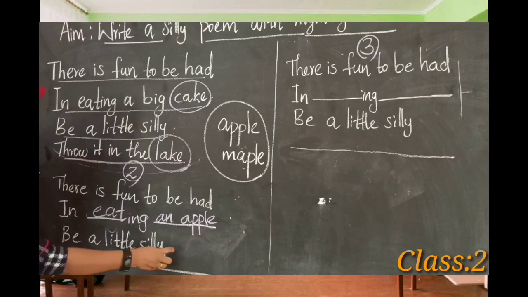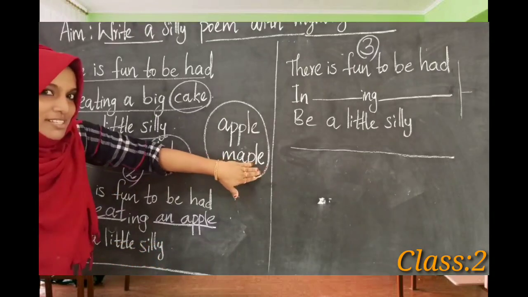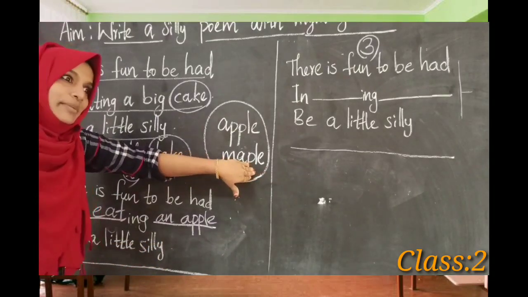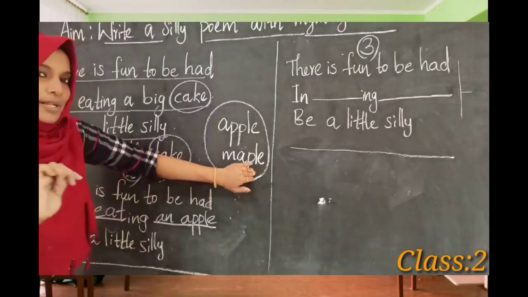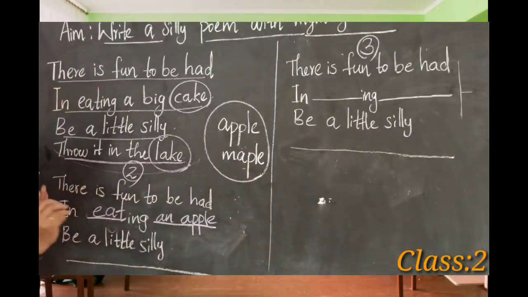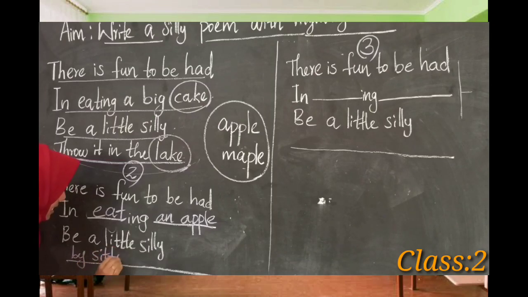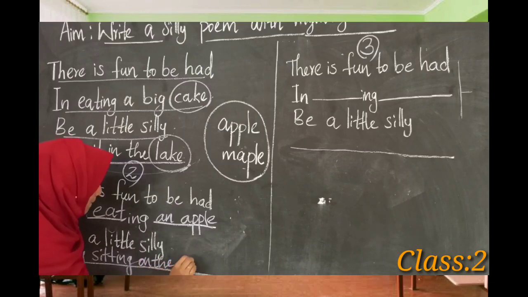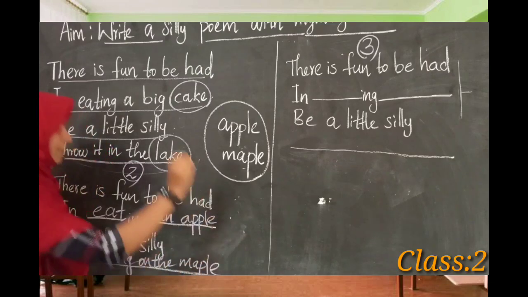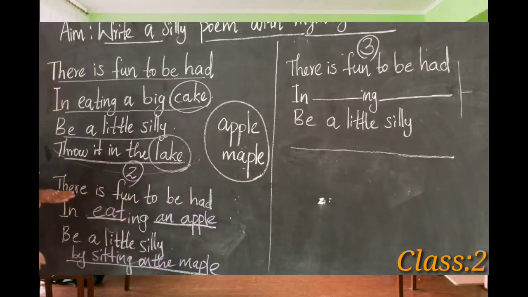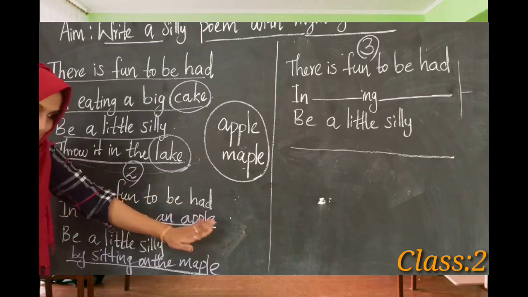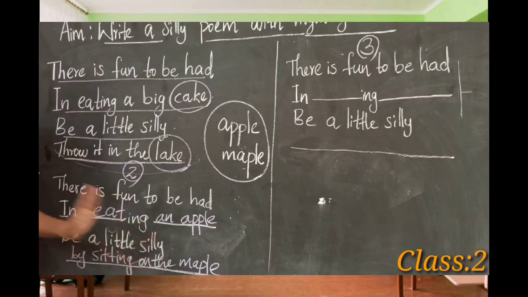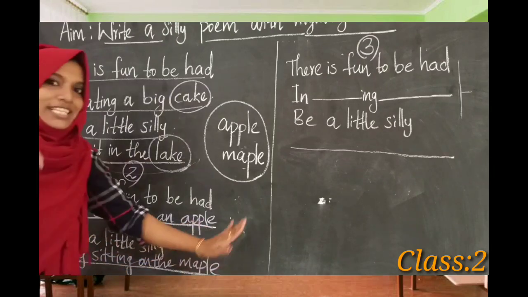Be a little silly about this maple. So we can make a sentence with this maple, like by sitting on the maple. Okay, so here, there is fun to be had in eating an apple. Be a little silly by sitting on the maple.